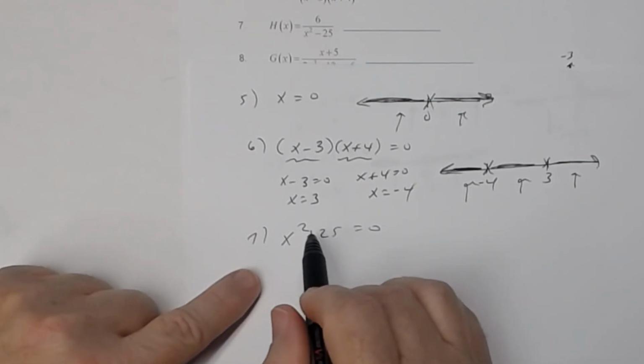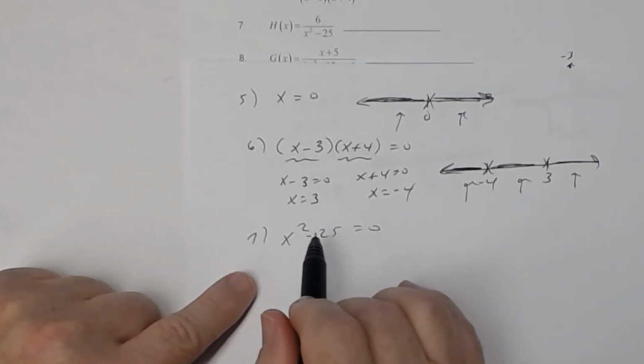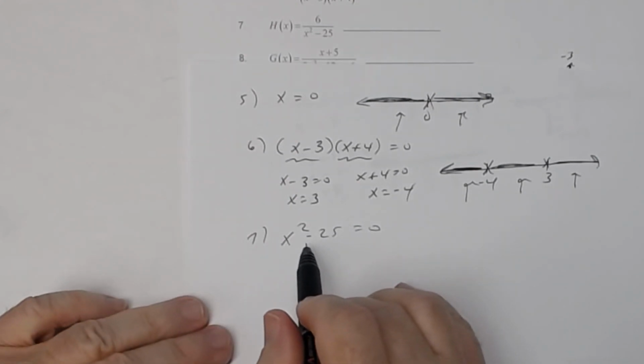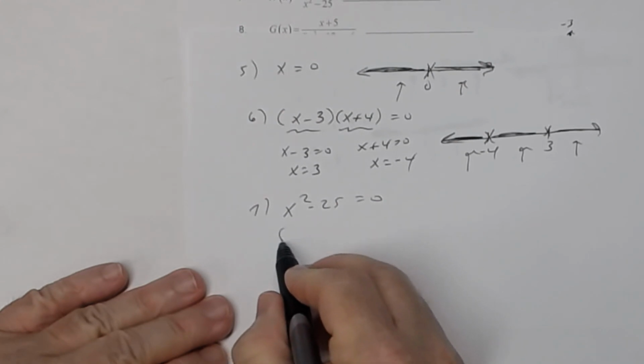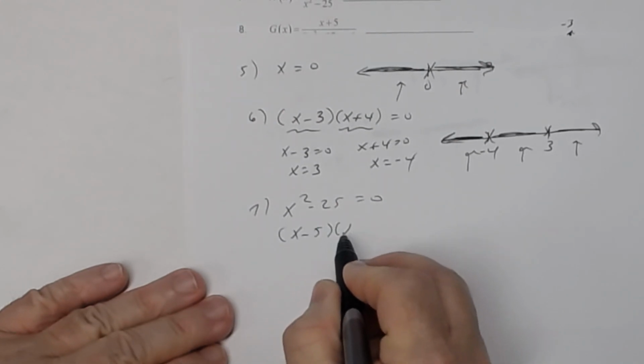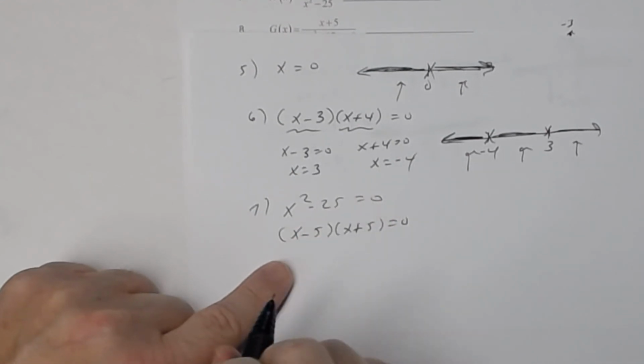Here, you want to solve this quadratic equation, but it's not in factored form. But one of the things you learned, there are several things you could do with this. You know that this is the difference of two squares, so I can factor this as the difference of two squares, couldn't I? And so now this looks like this.